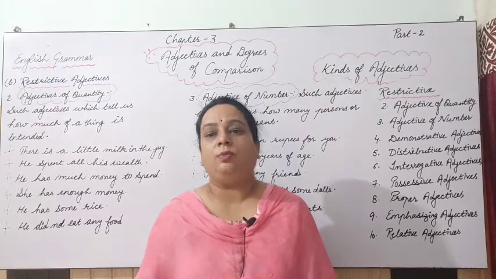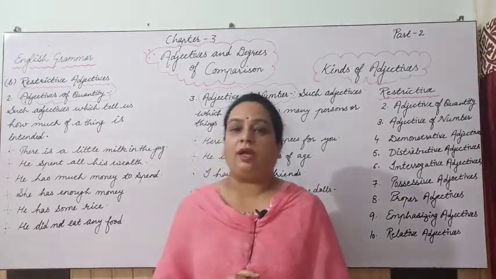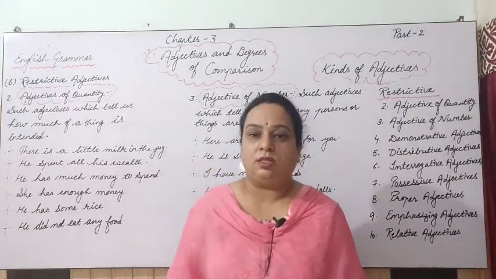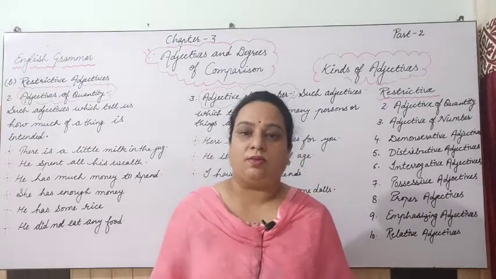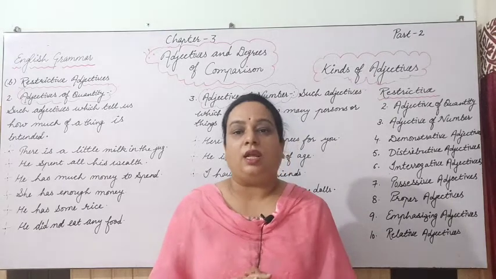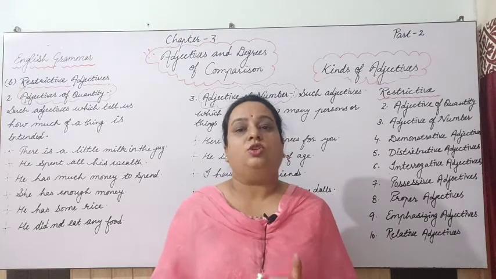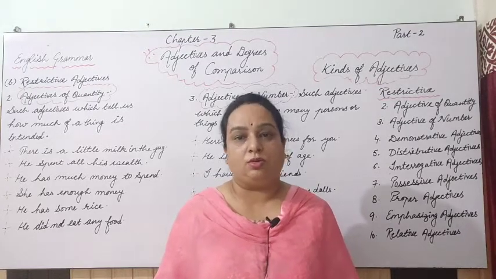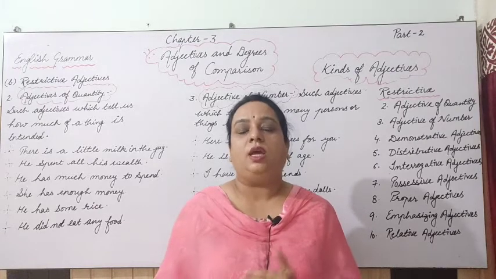If we talk about the position of the adjectives, we learnt that we can find adjectives at two places. One is attributive and the second is predicative. When we learnt attributive, we found that when we have adjectives, after that we have nouns, right? So that position is known as attributive adjective.